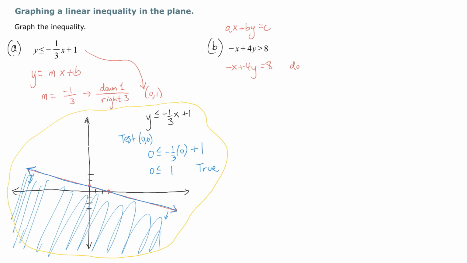Now this time it's a dotted line. How do you know it's a dotted line? You don't have an equal symbol underneath that greater symbol. It's strictly greater. This one here was a solid line. This time we have a dotted line because of that symbol there.